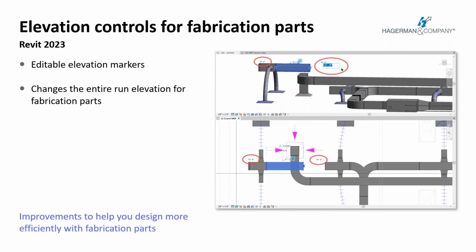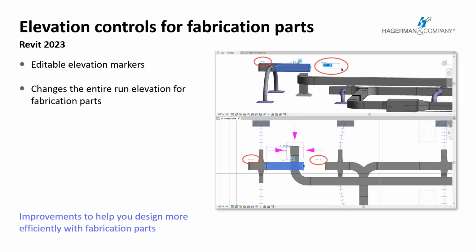All right. So new in Revit 23 are elevation controls for fabrication parts. Elevation controls for straight segment fabrication parts now use interactive in-canvas elevation markers. These are editable to control elevations on fabrication parts.